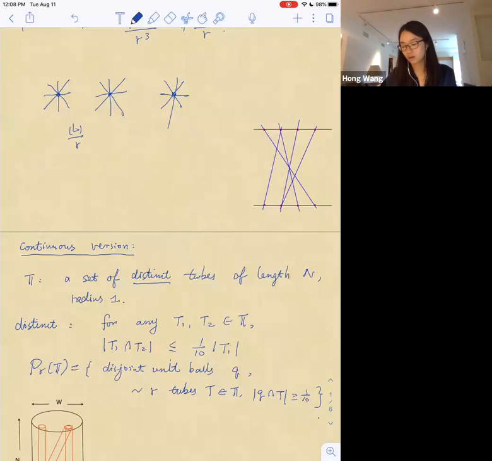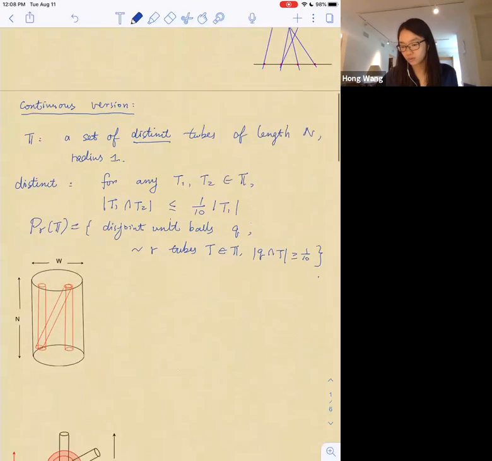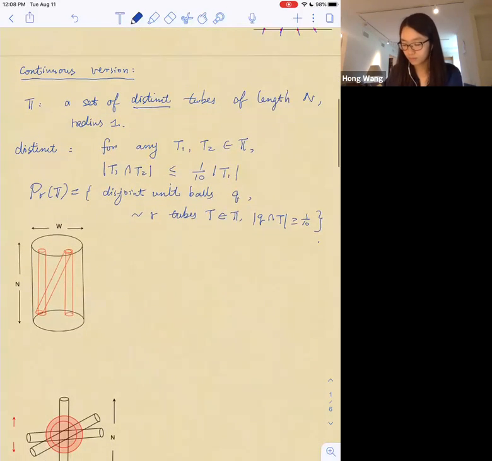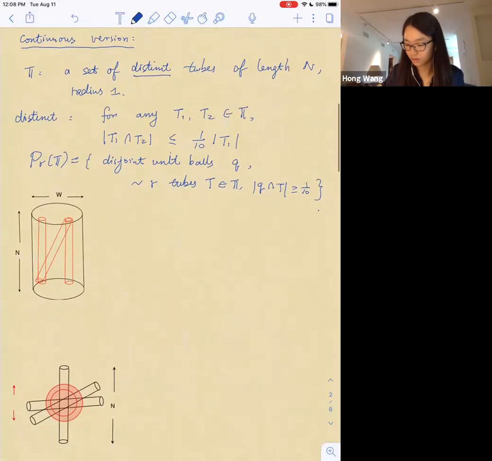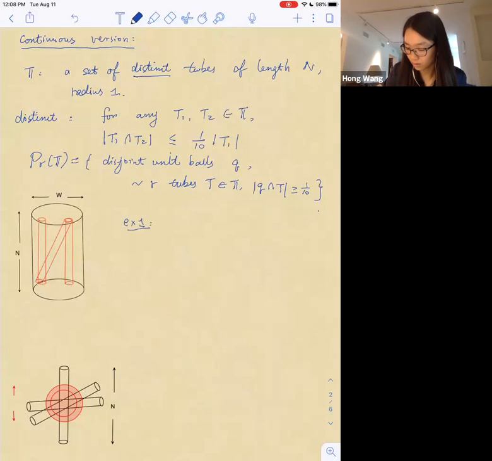Before trying to prove any bound about the number of R-rich unit balls, let us look at 2 examples. So example 1, as we might see, is the picture on the left-hand side.